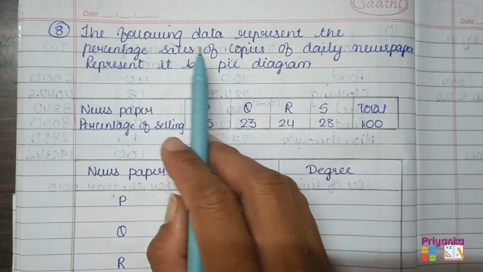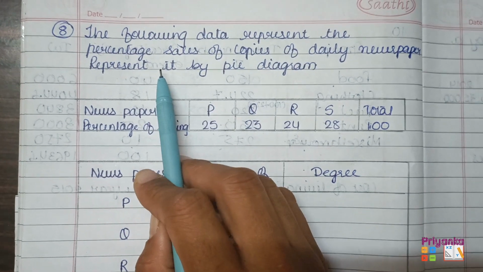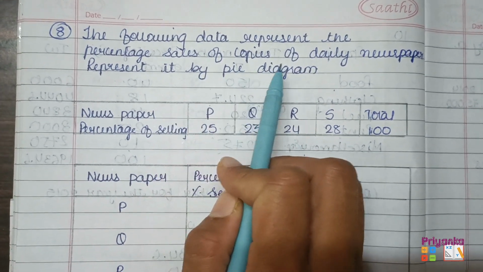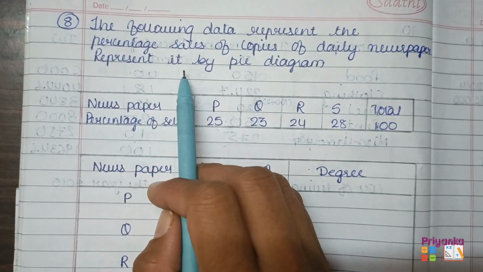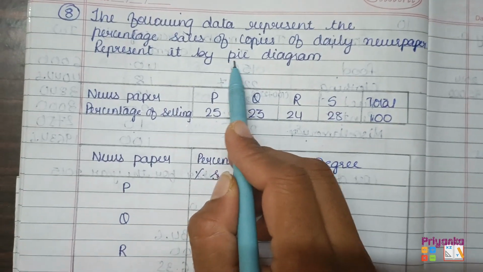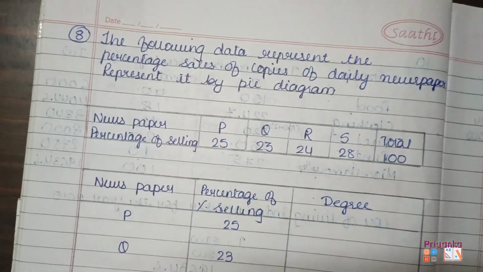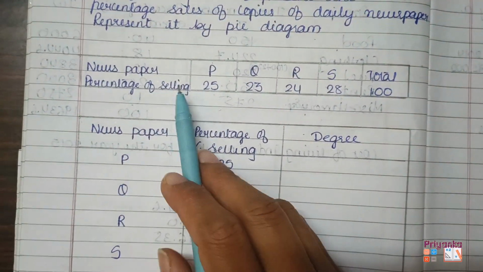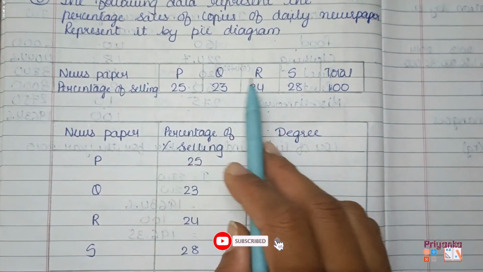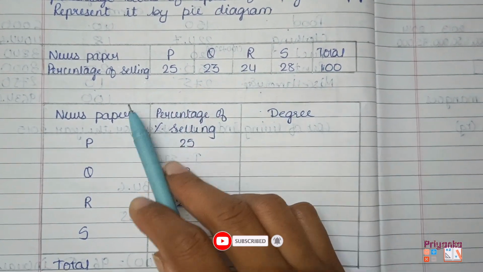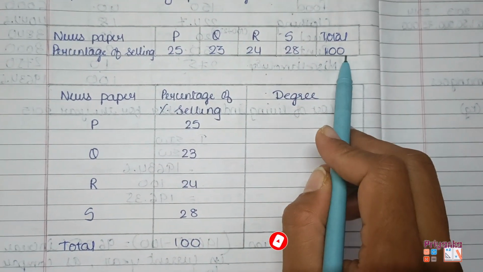Question number 8. The following data represent the percentage sales of copies of daily newspapers represented by a pie diagram. Now here we are going to prepare a pie diagram. For this you need a protractor. Next, the information given is the newspapers P, Q, R, S, and the percentage of selling with total.